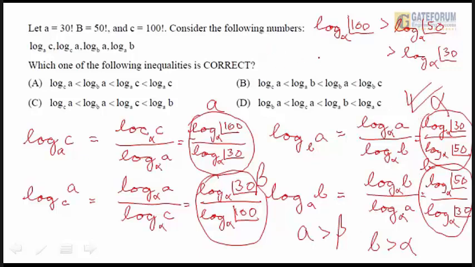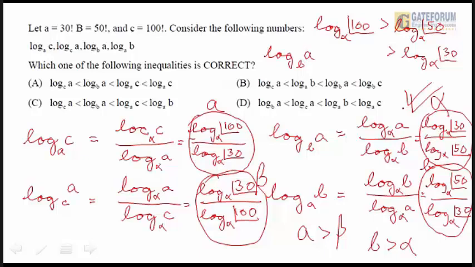So I will write down the smallest one. So log A base B will be the smallest. The next in line would be larger than this, this one. No, not this one, this one. In fact, I have made a small mistake. Just hold on.